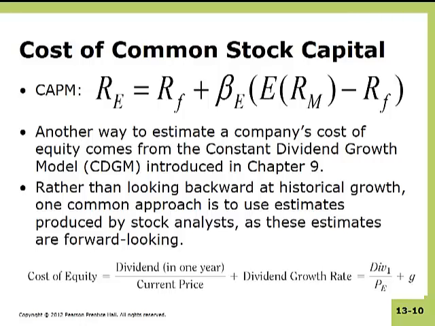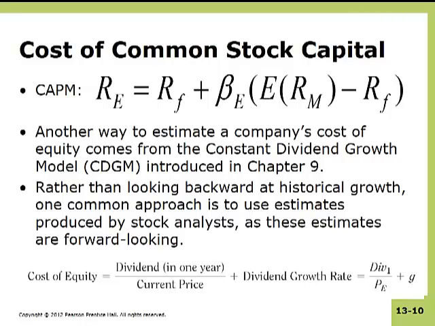Another way is to use the dividend growth model introduced in Chapter 9, and this is the one where we assume that dividend growth is constant. So what we will do is, instead of looking backward at historical growth, we use these estimates produced by stock analysts, which are more forward-looking.